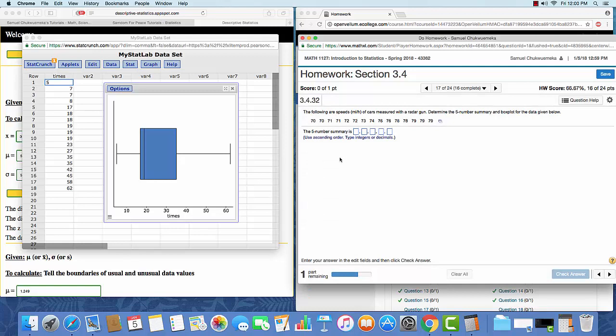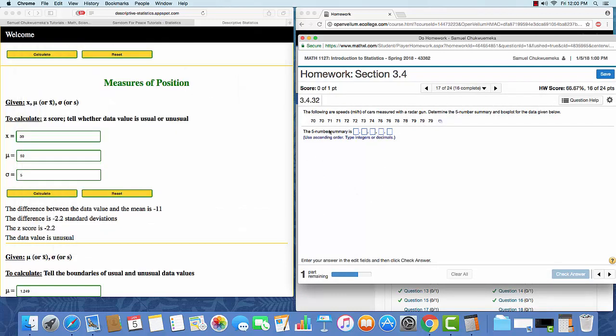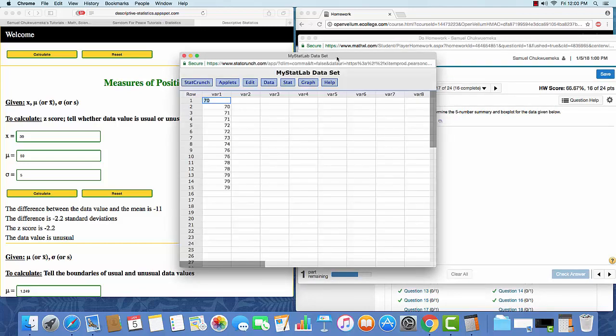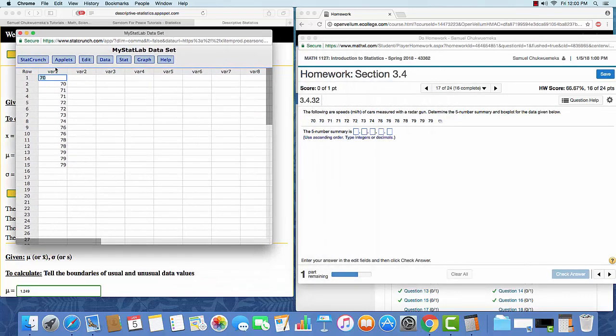Question 17. The following are speeds in miles per hour of cars measured with a radar gun. Determine the 5-number summary and box plot for the data given below. So let us open this in Statcrunch. And these are speeds.